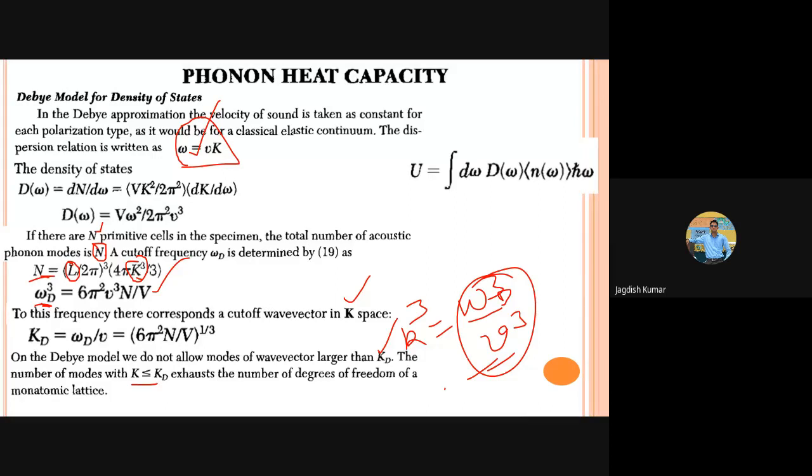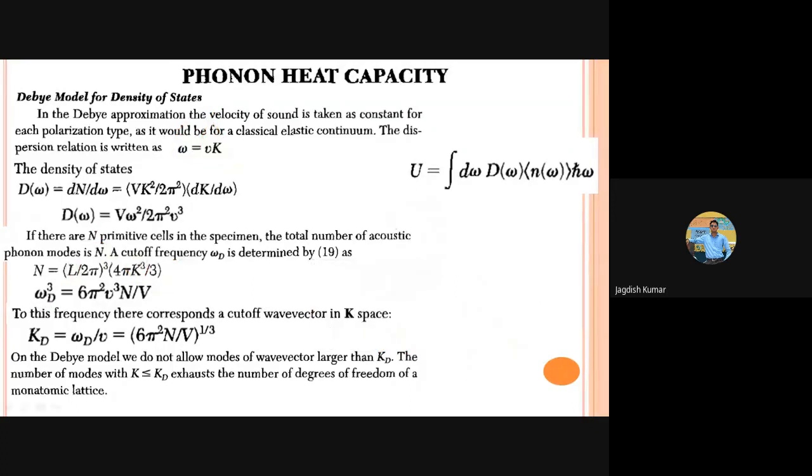If so, then we can write the expression for the phononic internal energy, which will be nothing but the integral over d omega, the density of states around omega, the probability of occupying that particular state n omega, we already did this, and the energy of oscillation of a particular phonon mode, right?